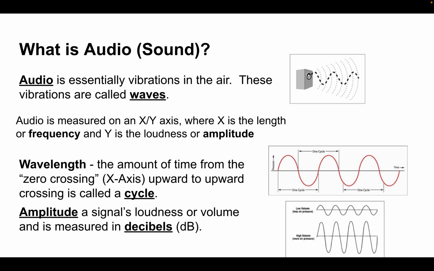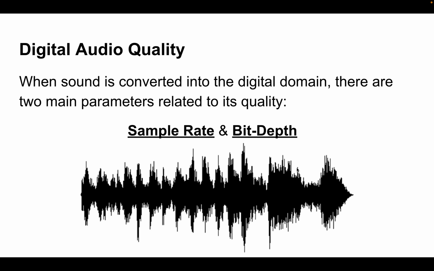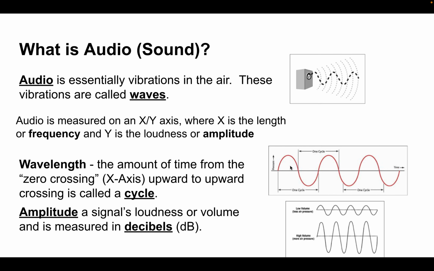We will probably get into that more, but I want you to know that the wavelength is the amount of time, or the frequency, on the x-axis from the zero crossing of an upward trajectory wave to the next zero crossing going up.